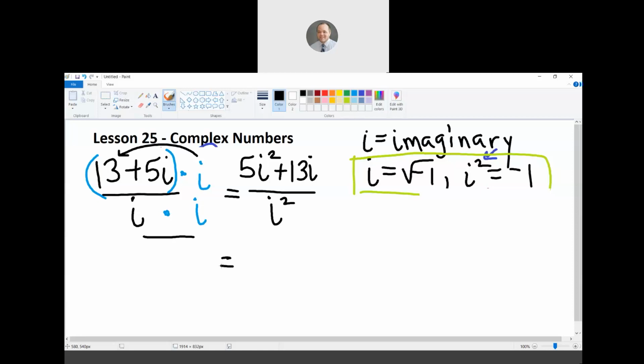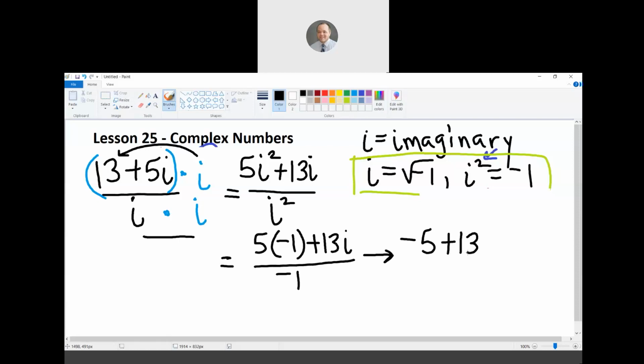Next step, replace each i squared with a negative 1. And we now have negative 5 plus 13i all over negative 1.